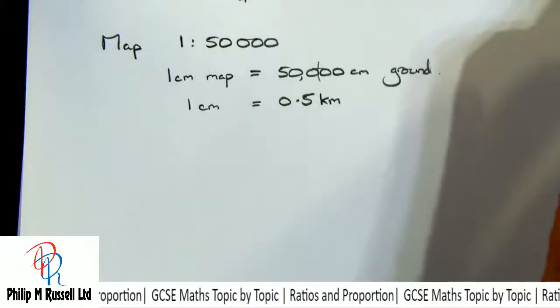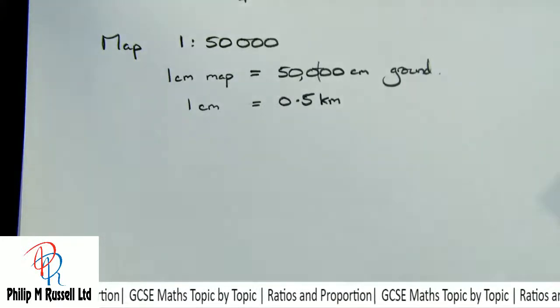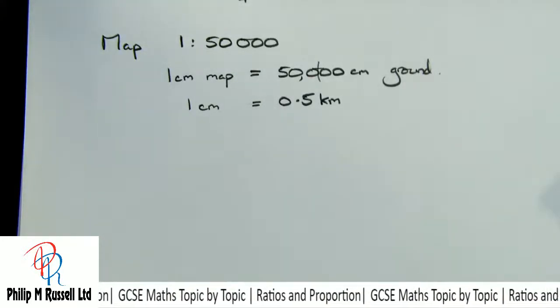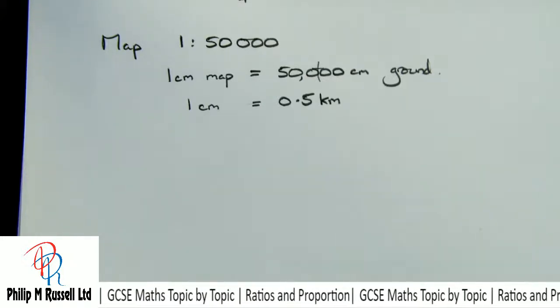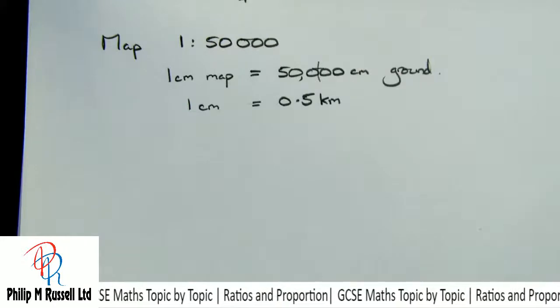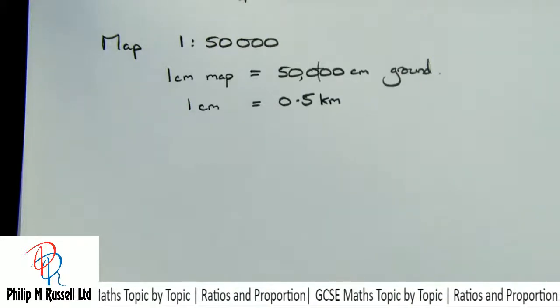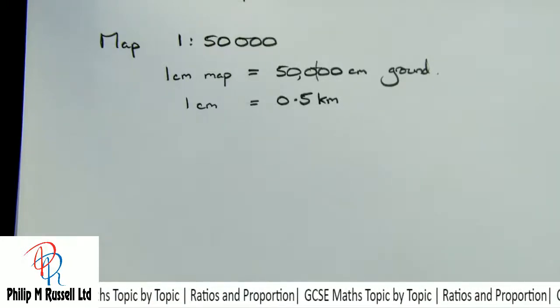So we get this idea of direct and inverse and direct proportion to try and work out some of those bits and pieces. Right, let's see if we can look at some other ones where we've got one of these problems to try and do.